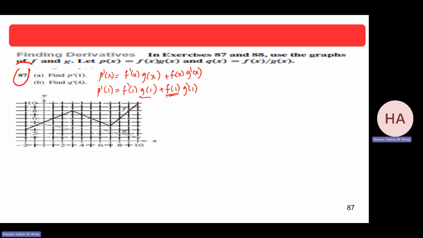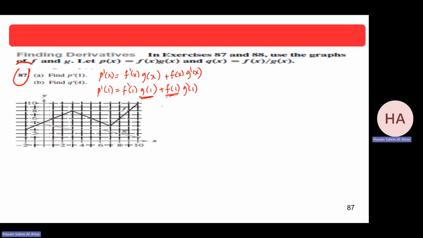I have f of 1 and g of 1. What will be f at 1? You need to find f at 1. This is the x-axis: 1, 2, 3, 4, 5, 6. So f of 1 is 6.